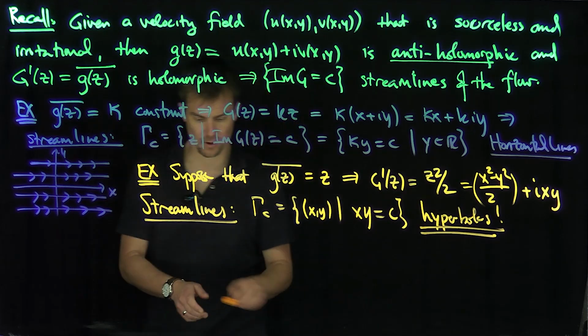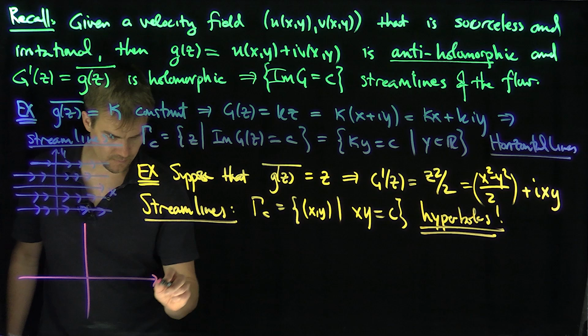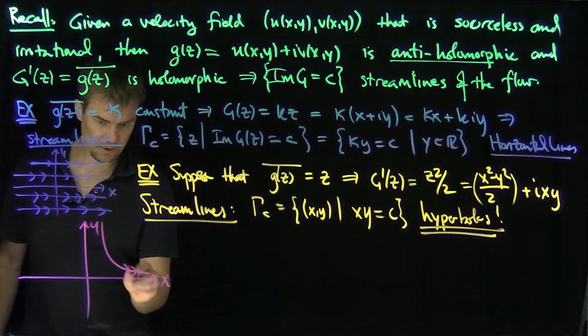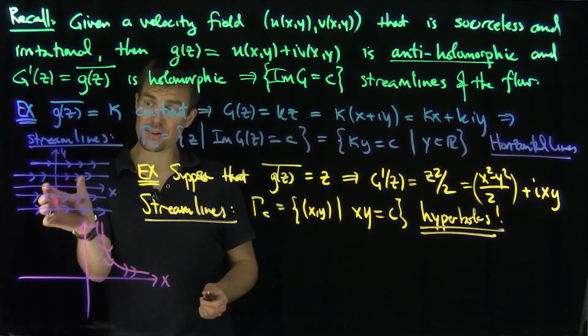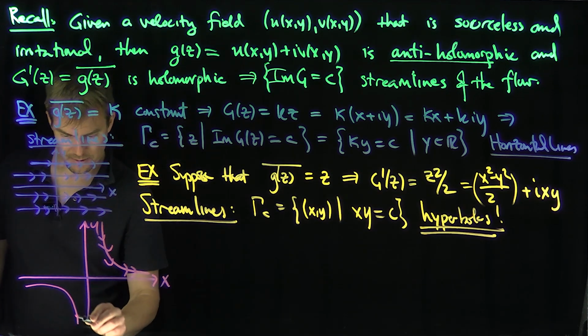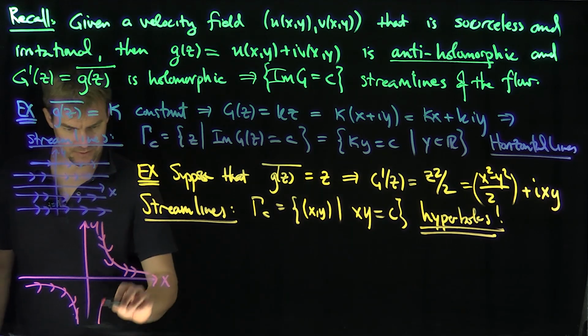So what does this stream function look like? This stream function looks like the following. Here's the x-axis, here's the y-axis, and you have these type of flows. These are called flows around a corner, actually. What am I doing with these things over here? I'm really taking the upper half space of this guy and compressing it over there. And so we get a saddle dynamic over here for this flow.